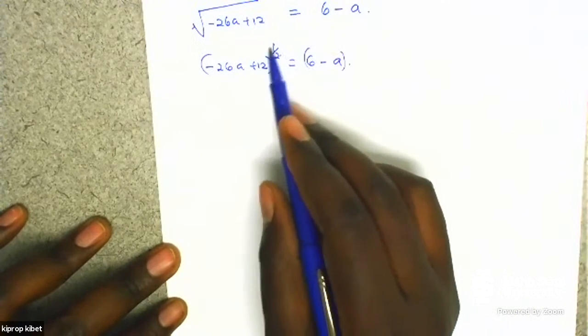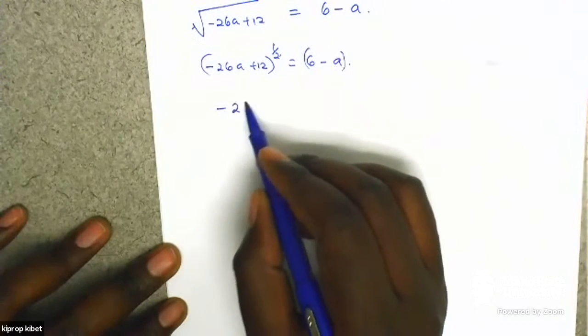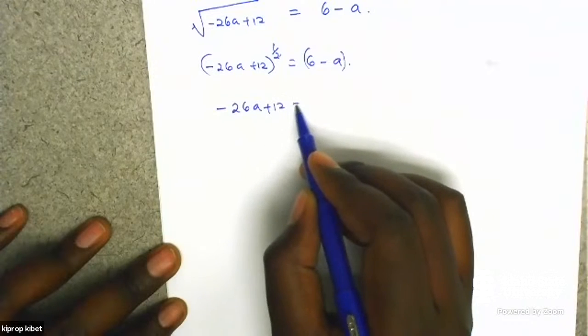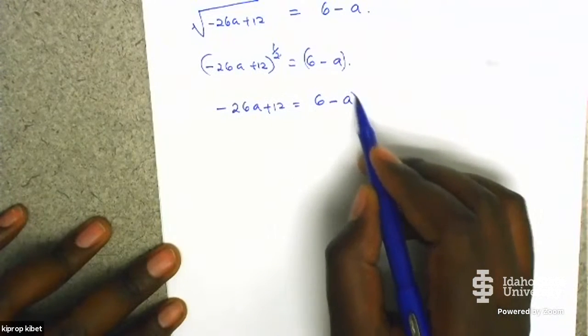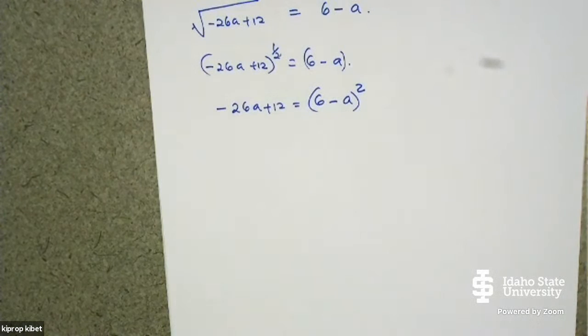To remove this square root, we square the whole of it. So minus 26a plus 12 equals (6 minus a) squared. You square the whole of it, and some of you make mistakes.